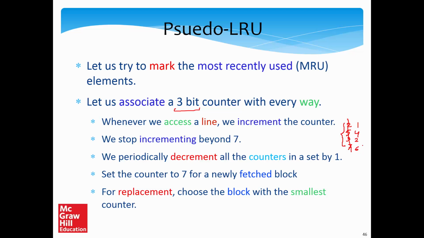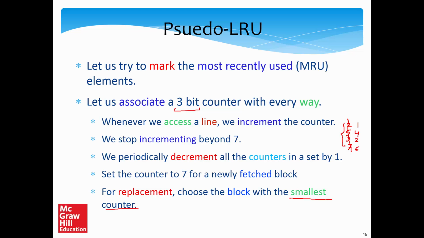The logic here is that we always evict the block with the smallest counter. That is because this means that in the recent past, this block has been accessed the least, right? So if in the recent past it has been accessed the least, this means that even in the near future, we'll most likely not access it.